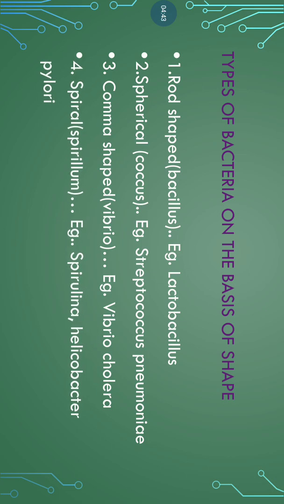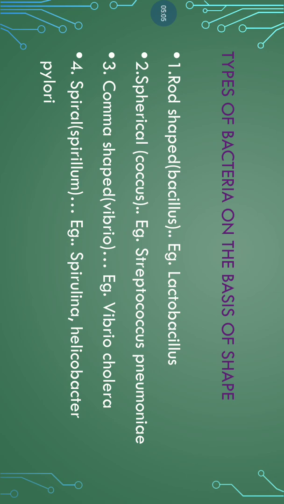Then the fourth and final shape of bacteria is spiral shape, commonly known as Spirillum. An example is Spirulina, which is a nutritious bacteria, and this bacteria is used as a probiotic.